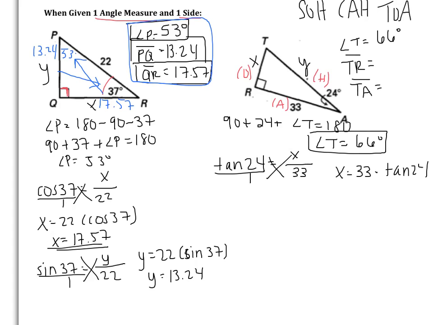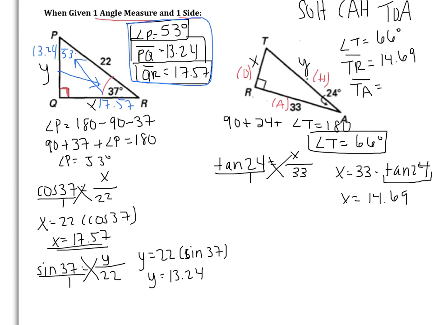Please remember that you cannot multiply 33 and 24. This is one number, so you can't mess with it. When I take 33 and I multiply it by tangent of 24, I get x to be 14.69. X is TR, so TR is 14.69.